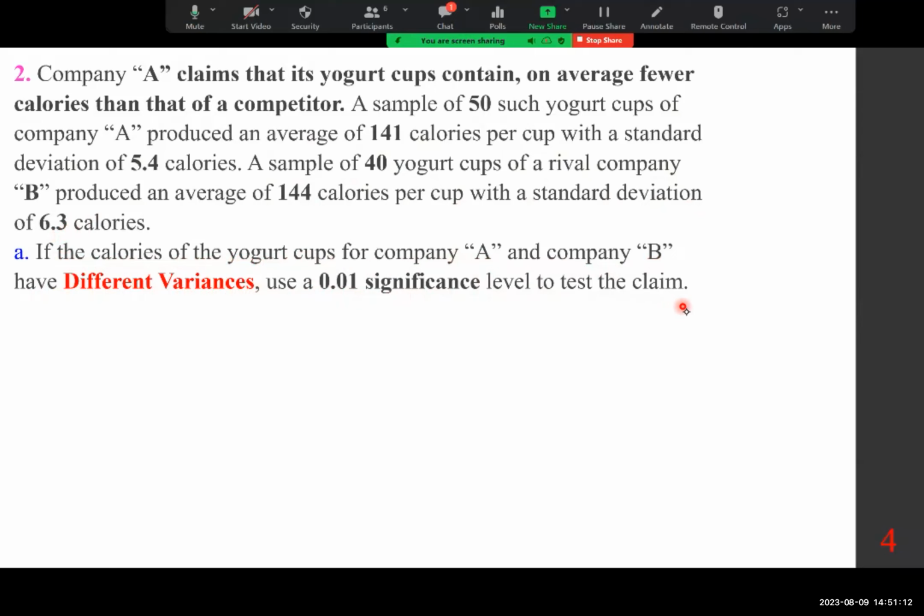Perfect. So first, we want to write the given and we want to write it symbolically. So N, X, S. So for example, N1 is 50. X1 bar, because it's the average, X1 bar is 141.